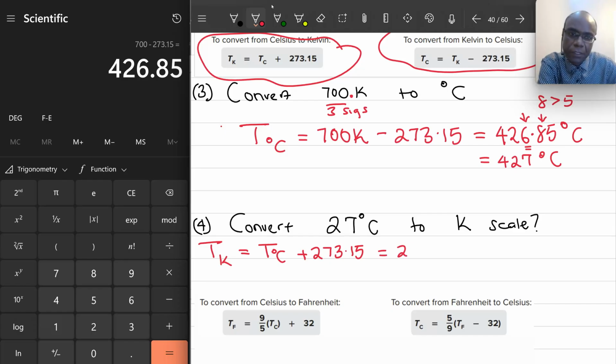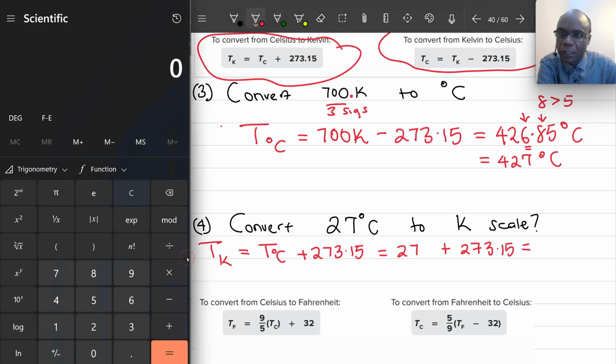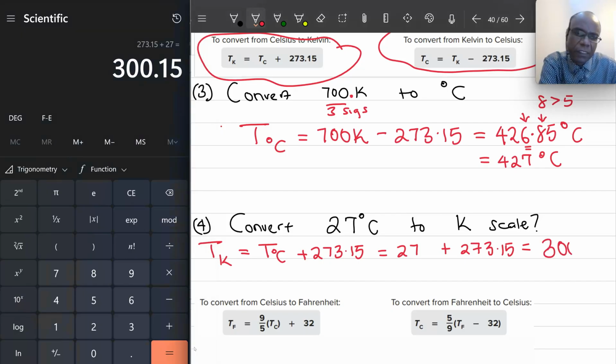And that's going to be 27 plus 273.15. So I'll clear my calculator and say 273.15. I add 27 to that number. The answer is 300.15 Kelvin.